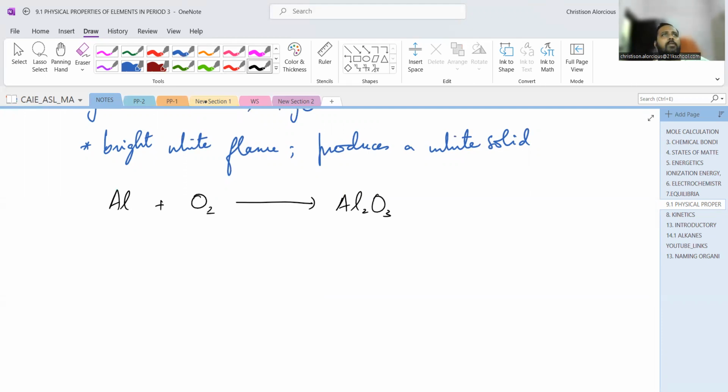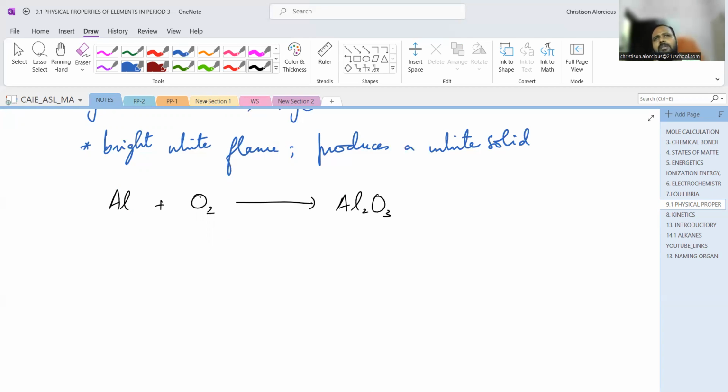However, the aluminium that we get actually acts very stable. The reason is that aluminium forms a surface layer of aluminium oxide, and this protective layer doesn't allow the aluminium underneath to react further. So the aluminium oxide on the surface inhibits reaction.